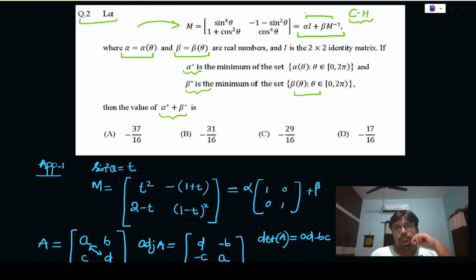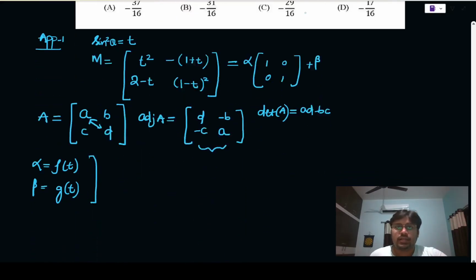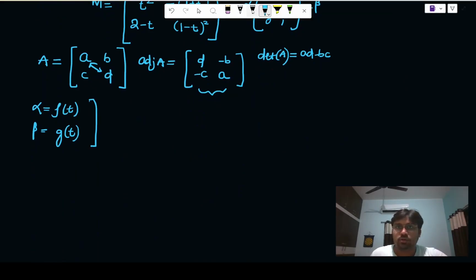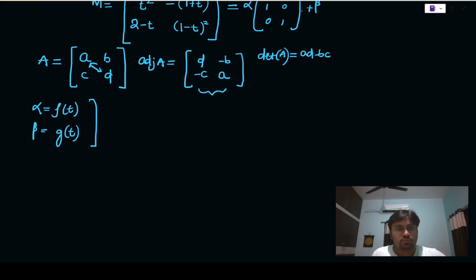So what Cayley-Hamilton theorem basically states is that, let's say you have a matrix A. Let me use gray color actually. So let's say you have a matrix A, which is an n by n matrix.